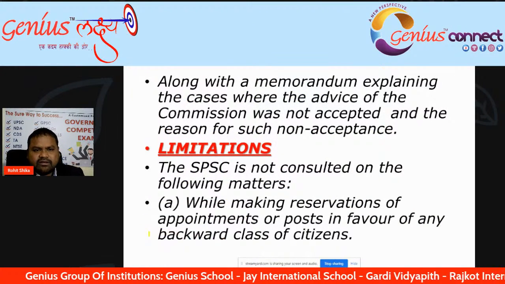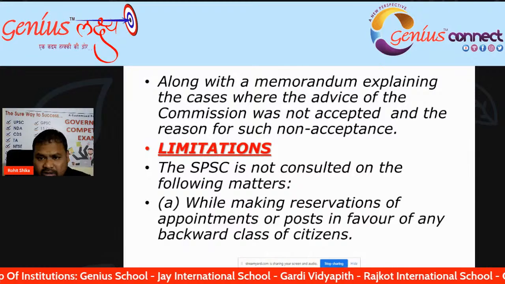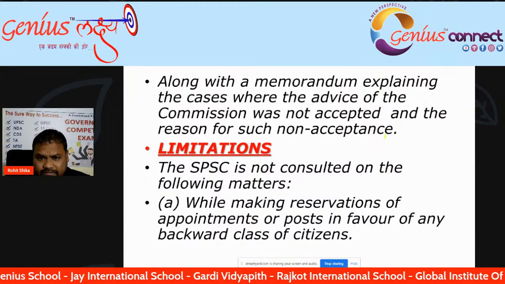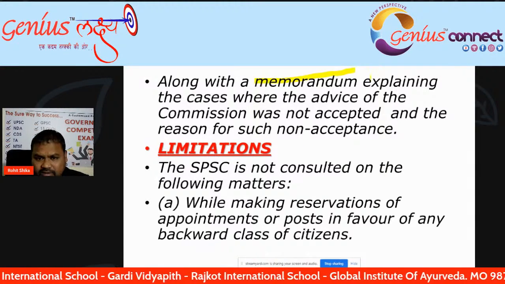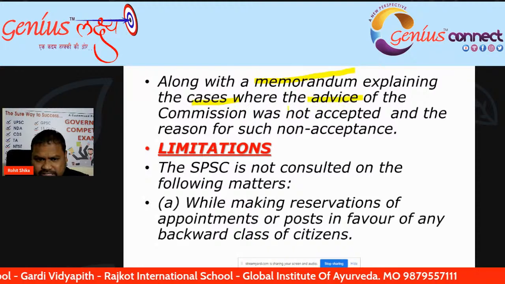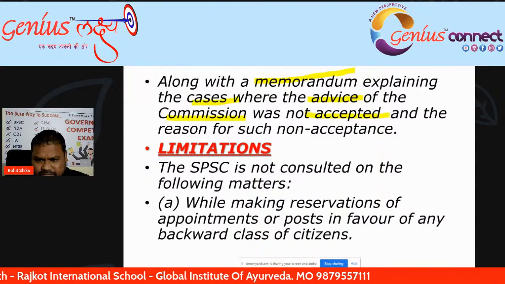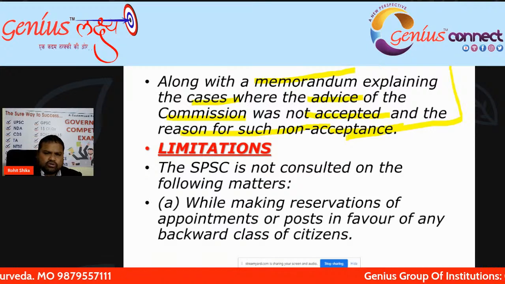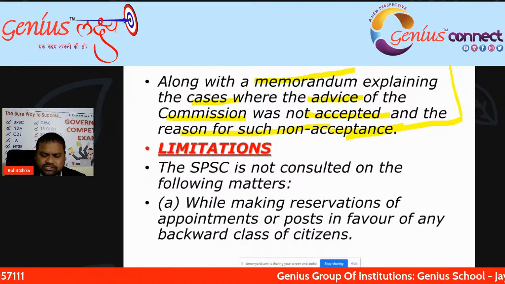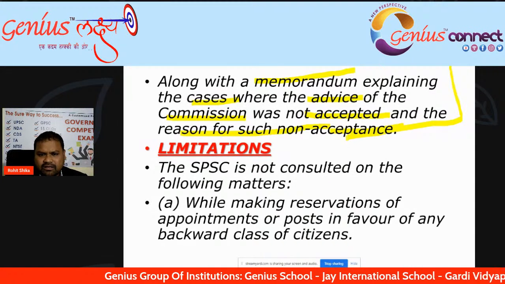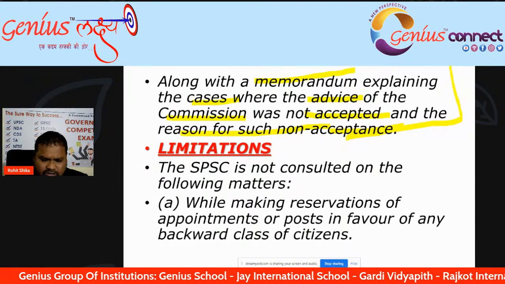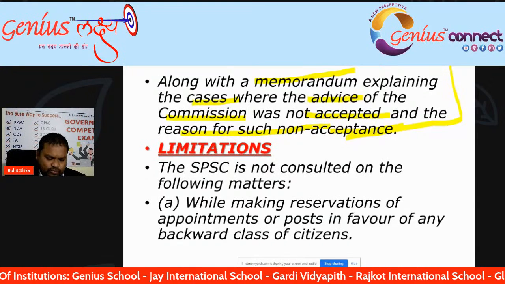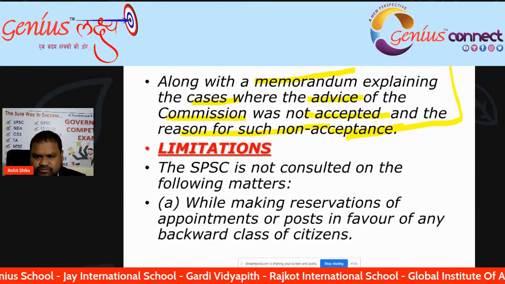Then, along with the memorandum explaining the cases where the advice of the commission was not accepted and the reason of non-acceptance. So the advice given by the State Public Service Commission is generally accepted or not accepted. It is up to the state government.